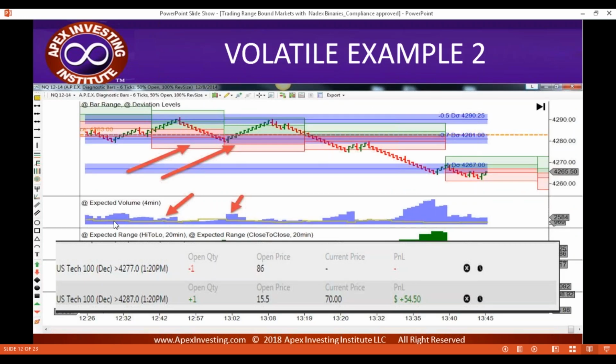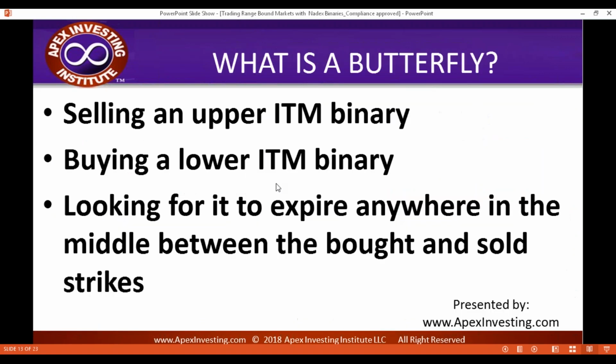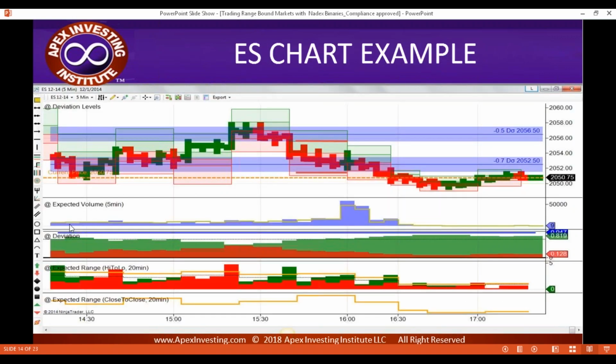Do you see where this blue is blowing past the expectation of the market compared to this chart where it's hardly hitting the expected? Also, do you notice here, see the boxes again? Is the market jumping up to the top of a box and down to the bottom of a box and up to the top, or is it kind of staying in the middle of these boxes? See that?